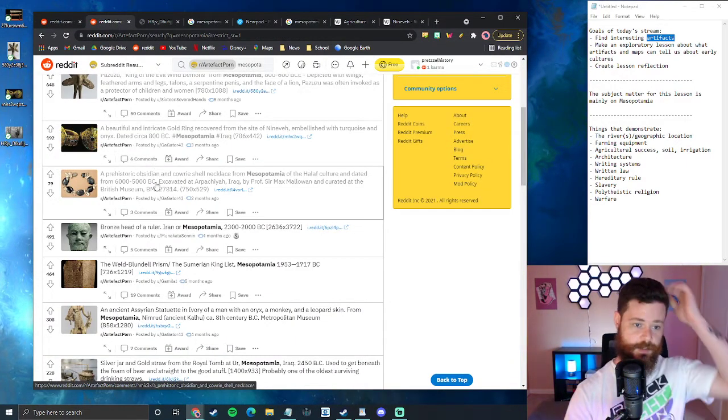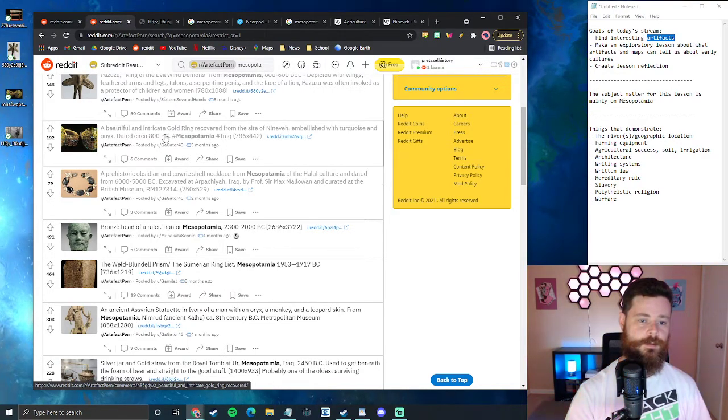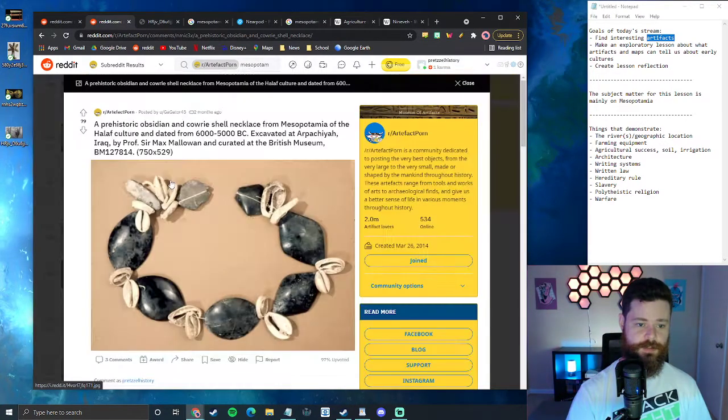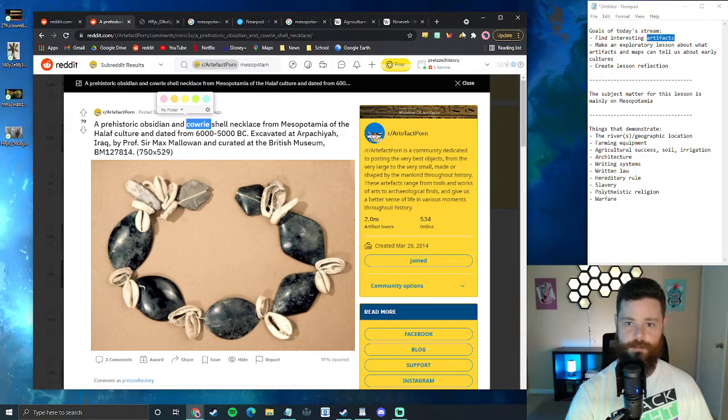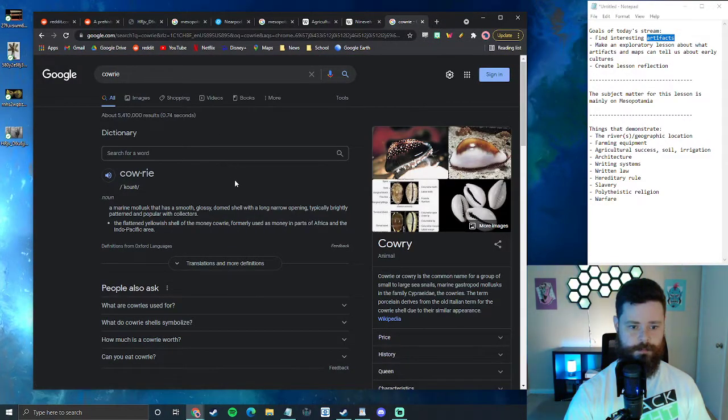Ooh, okay, this is another good one. And I can contrast this with the one above it. So this one is from, I guess, between 6,000 and 5,000 BC, and you see obsidian and cowrie. What is cowrie? Mollusk. Oh, okay. No, that's cool.